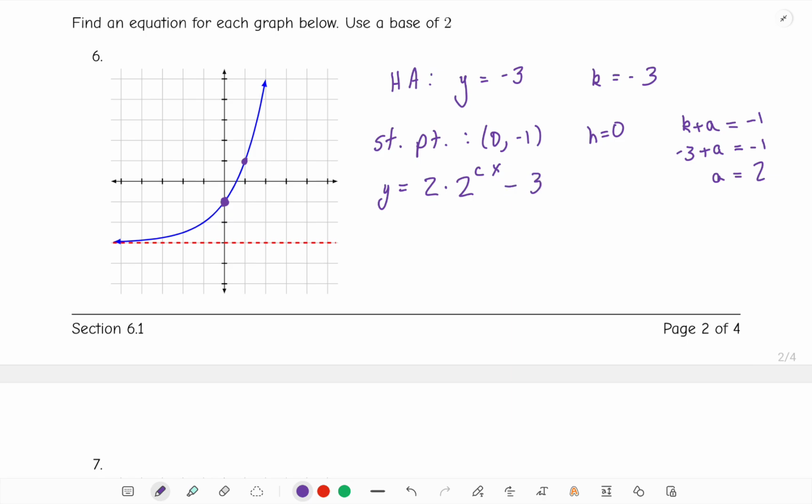And now I'm plugging in the point 1, 1, so we get 1 equals 2 times 2 to the c minus 3. Add 3 over to both sides. Divide by 2, we get 2 equals 2 to the c, which implies 1 equals c. So our equation here is 2 times 2 to the x minus 3.